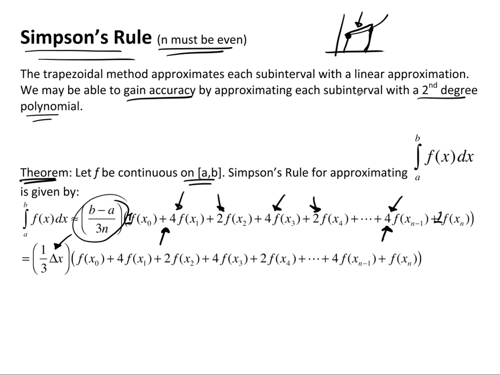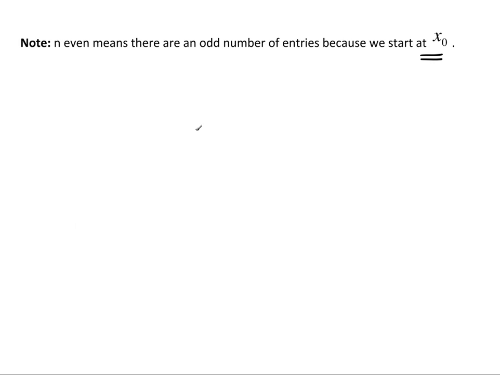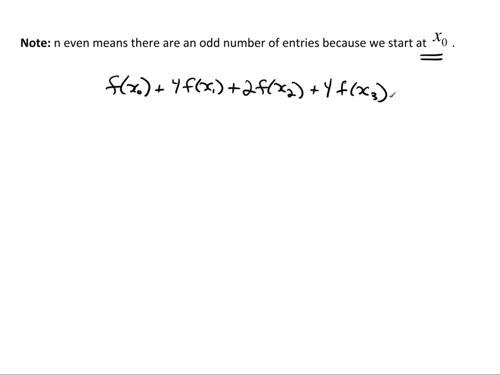So we start over here at f of x0, then f of x1, 2, 3, all the way to f of xn. If n is even, let's say n is 4, I will have f of x0 plus 4 times f of x1 plus 2 times f of x2 plus 4 times f of x3 plus f of x4.